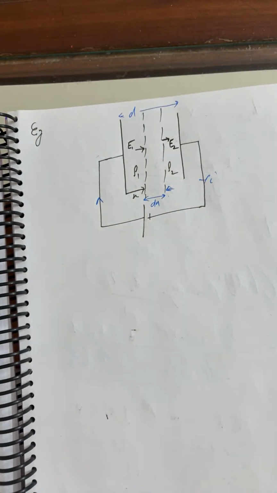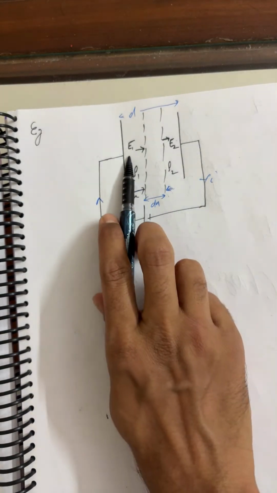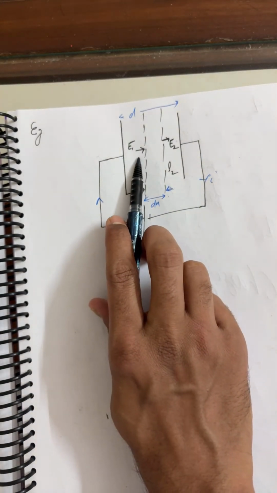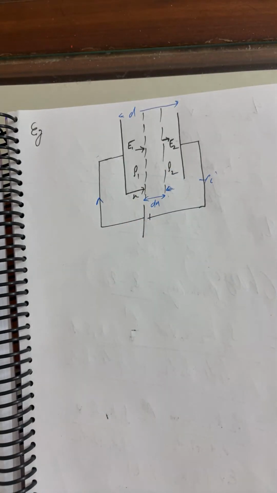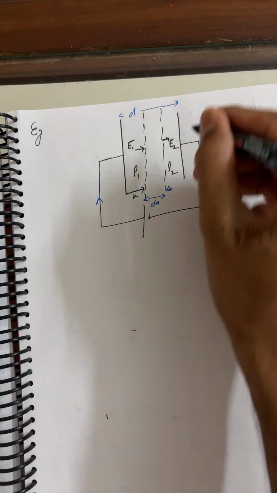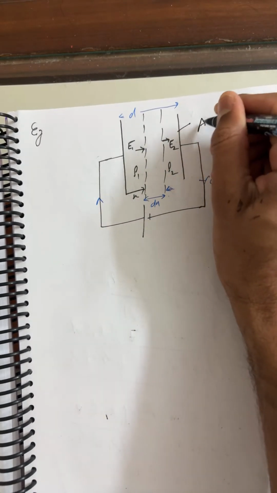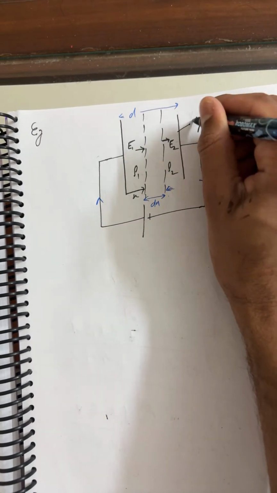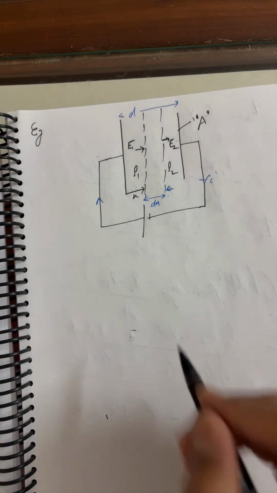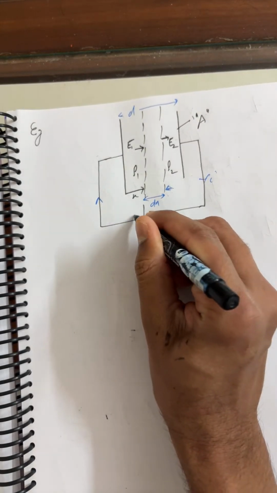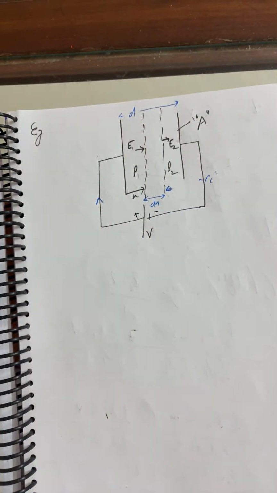For this part the electric field I'm considering E1, and for this part the electric field E2. I forgot to mention, it's understood here, A is the area of cross section. So this is I, and this is V, plus to minus.